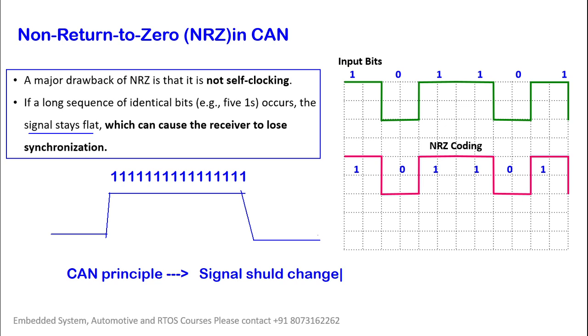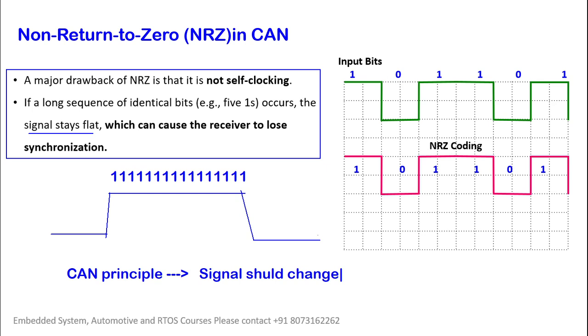Like this, the signal should change its state continuously. At least within 5 bits, the signal has to change once. In order to keep your transmitter and receiver properly synchronized, the signal should change its state: low to high, high to low, and low to high.